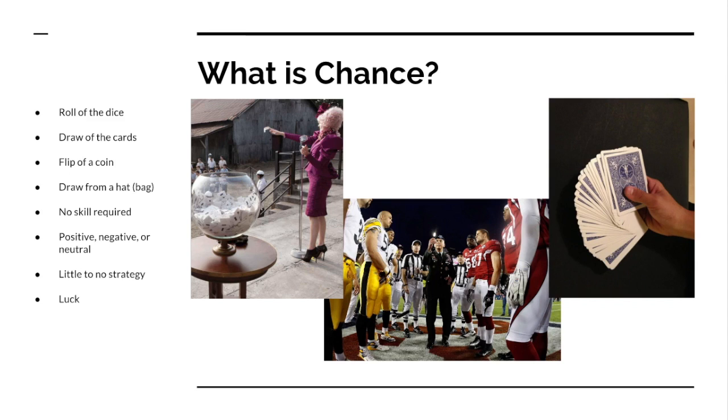We're going to flip a coin, someone's going to call it. There is no way to determine what that coin is going to land on after it flips through the air, I don't know how many times, and lands on the ground. The last one is pick a card from a deck. Now, the advantage here, depending on what you're asking someone to pick, will depend on their likelihood of success.